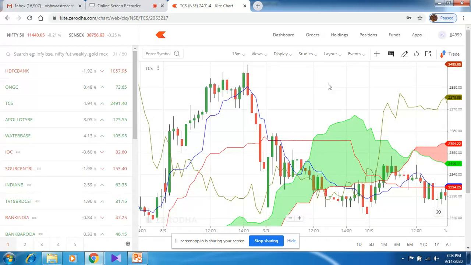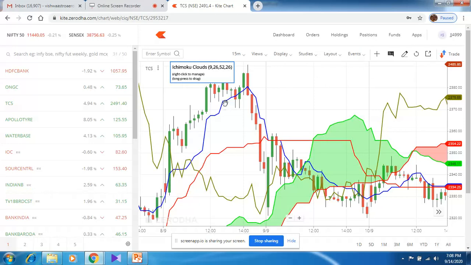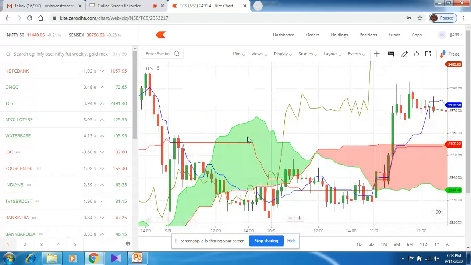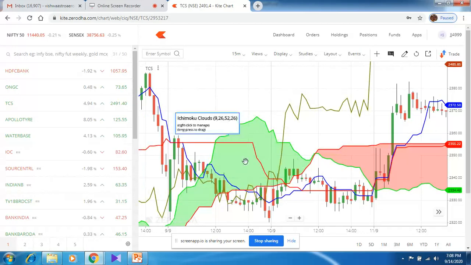Now in Ichimoku clouds, what we need to remember is that there are three most important curves. One is this blue line, one is this red line, and these clouds, green and red. If clouds are formed in a trend, we can observe this cloud over here.